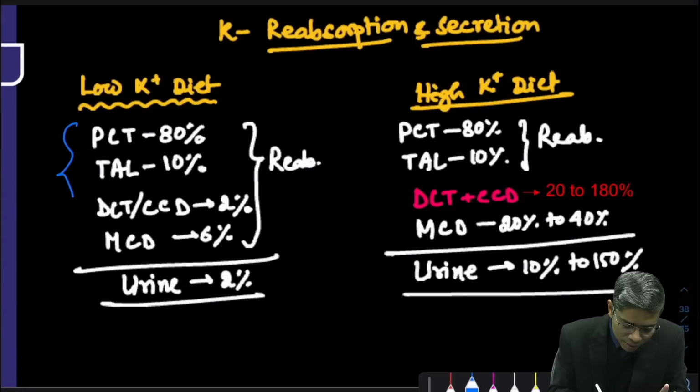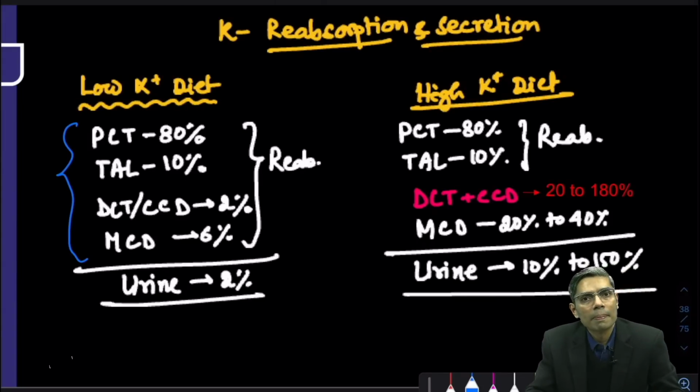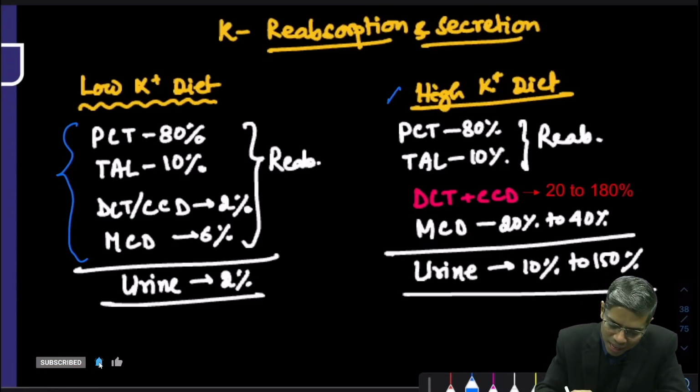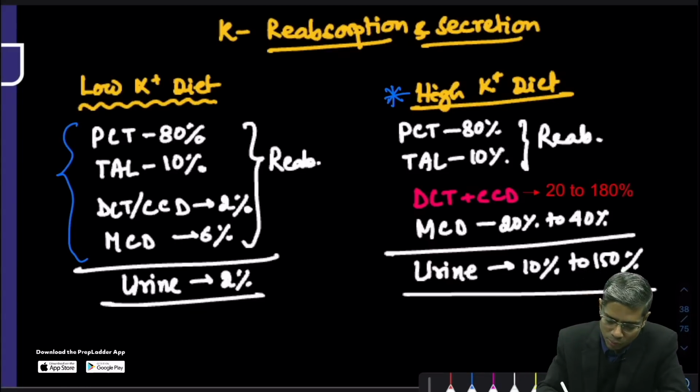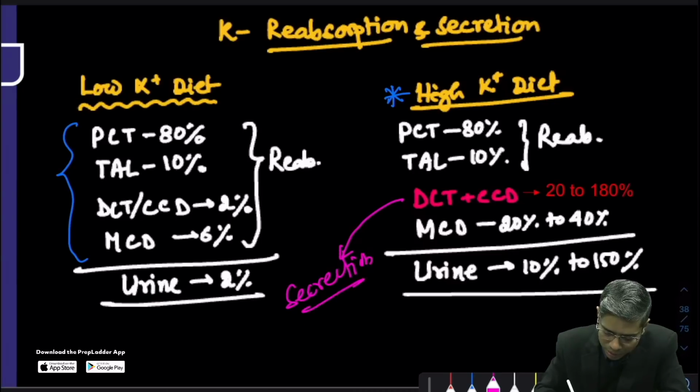So everywhere the potassium is getting reabsorbed when your body potassium is less, right? Now when your potassium is high in the diet, now the body has to get rid of potassium. Now where the body is secreting potassium, in which part of the nephron? So this is the area where the secretion of potassium is happening.